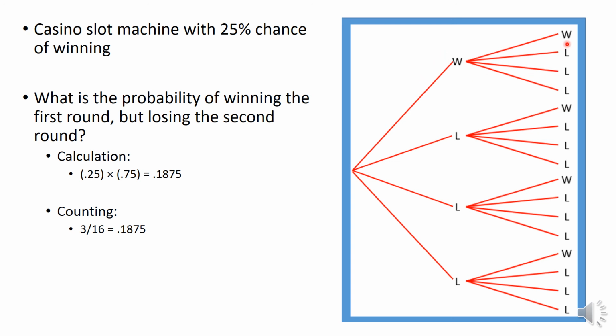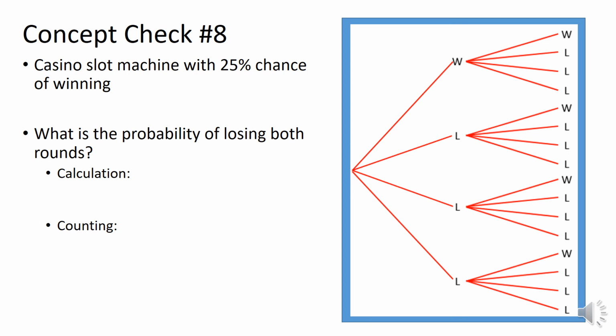Just remember that we have to think about it this way in order to account for the fact that we are 3 times more likely to lose than we are to win. So in order to account for that, we count these sequences where you win the first time and lose the second 3 different times, in order to make note of the fact that this is 3 times more likely to happen than winning both times. Okay?